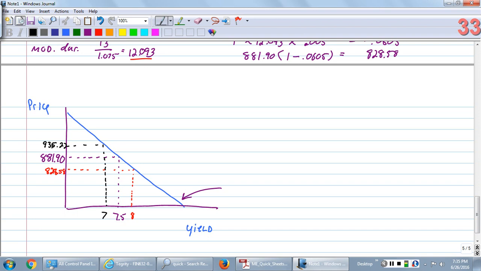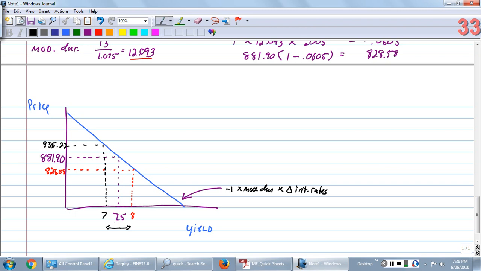So modified duration, our -1 times modified duration times the change in interest rates. Pretty effective, huh? I mean, it shows us the inverse relationship between price and yield. When interest rates went up, value went down. When interest rates went down, value went up.